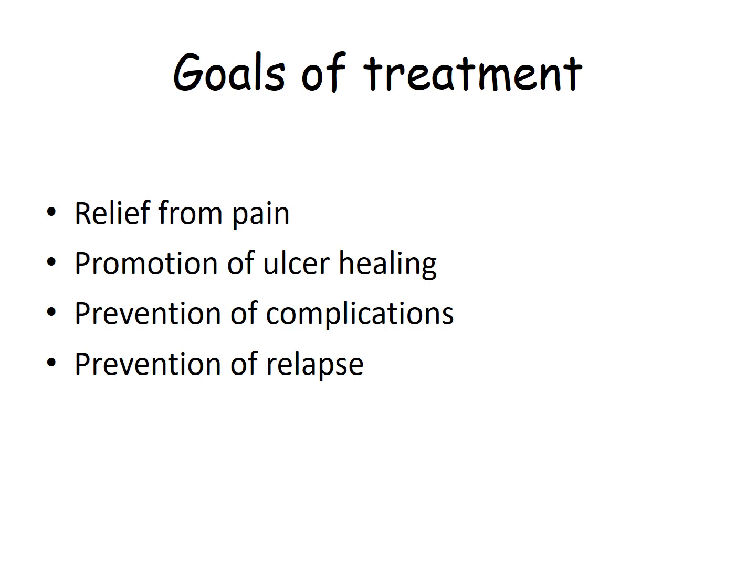Next one is the promotion of ulcer healing. So there is already an ulcer in the stomach. We have to heal that ulcer. Next goal is the prevention of complications. And finally, prevention of relapse. We have to prevent the development of this disease again.